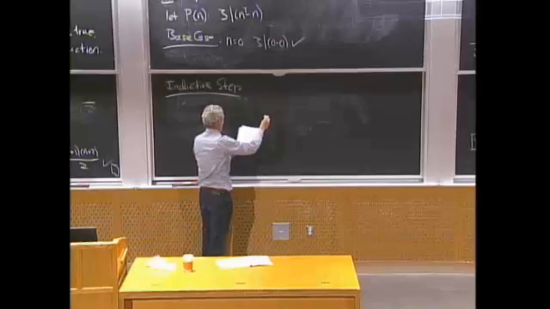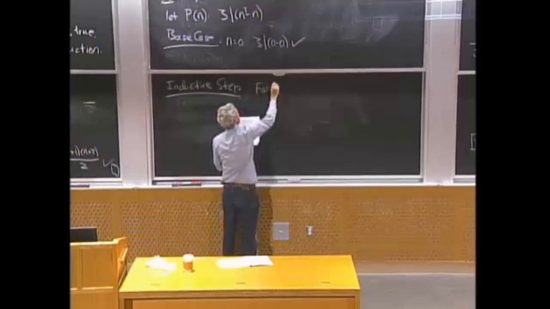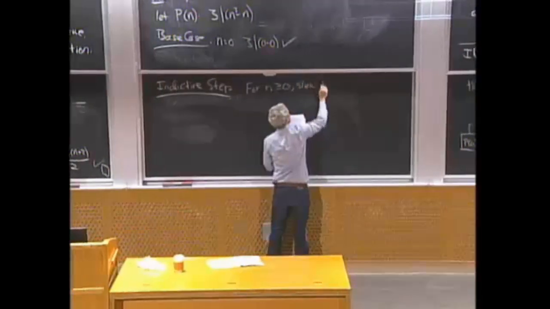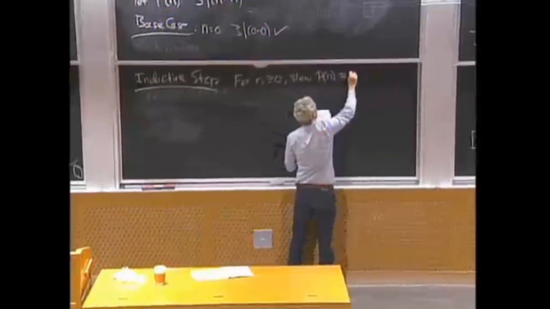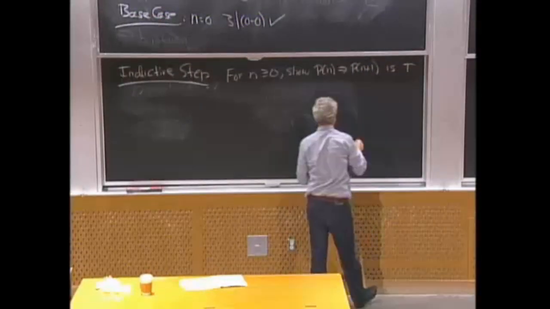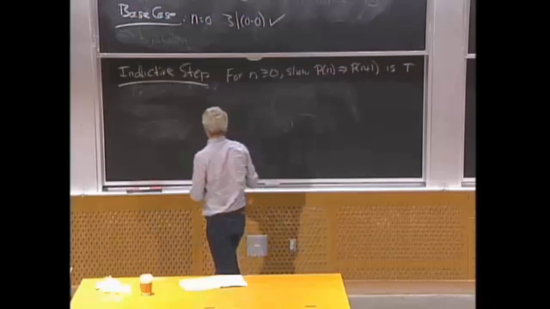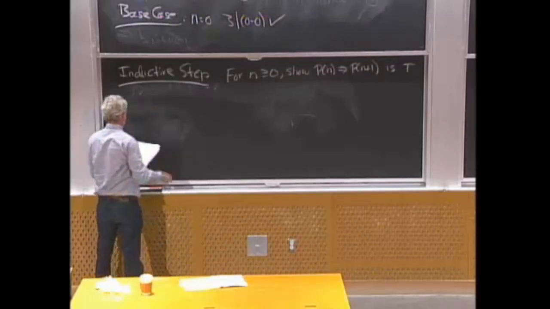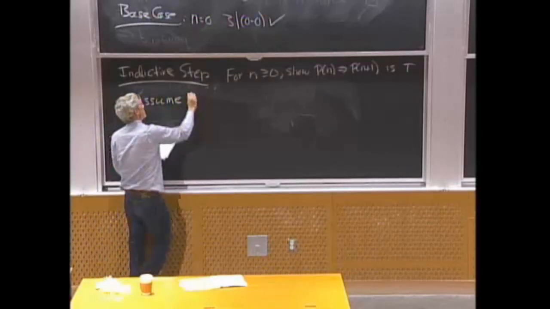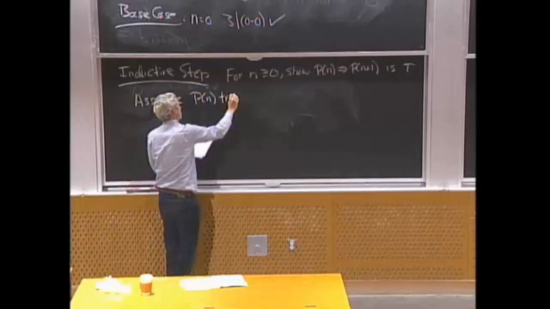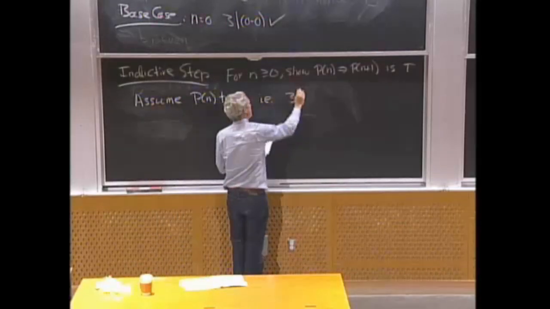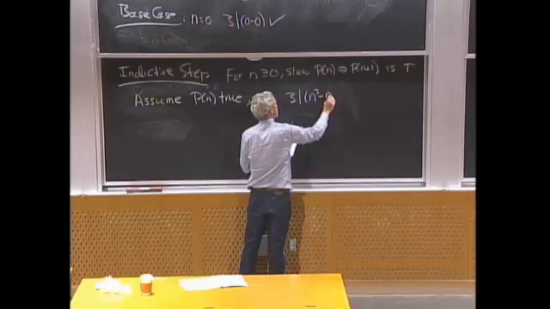And for that, we're going to need to show for n bigger than or equal to 0, we want to show Pn implies Pn plus 1 is true. So to do that, we assume Pn is true. In other words, we assume that 3 divides n cubed minus n.